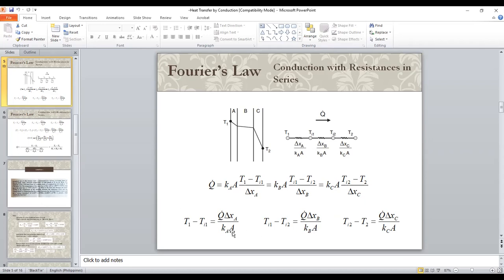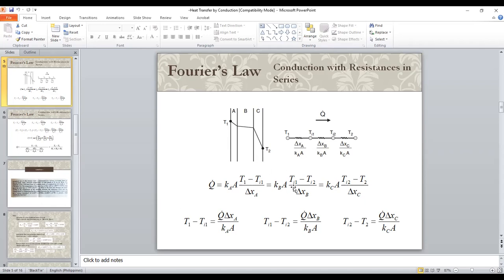Actually, in form, it's exactly the same as what you have represented here for the driving force in material A. The driving force for material C, which is the difference between T sub I2 and T sub 2, would be the same in terms of pattern as what you could see in here for materials A and B. So in here, you have the representation of the driving forces for each of your materials in series.